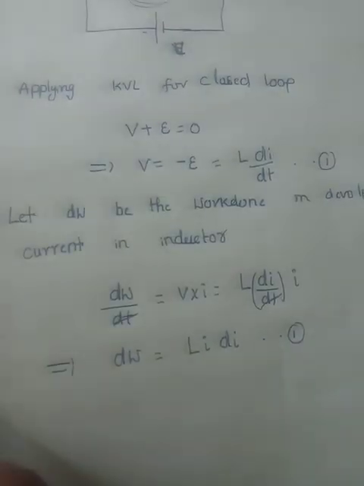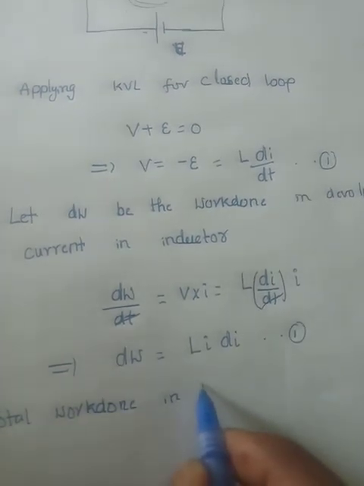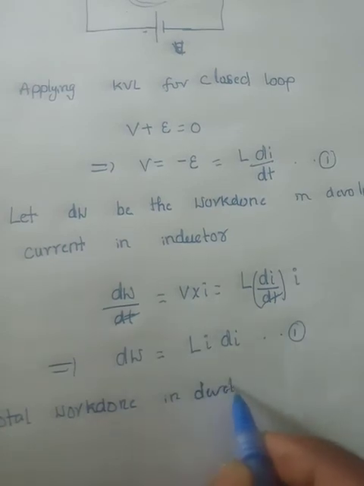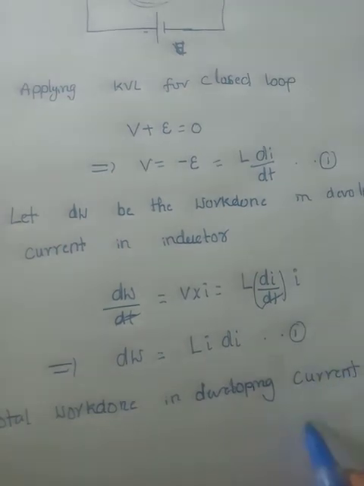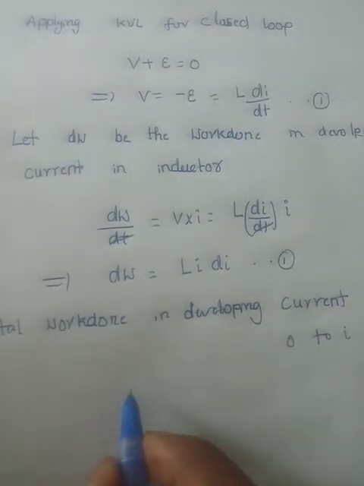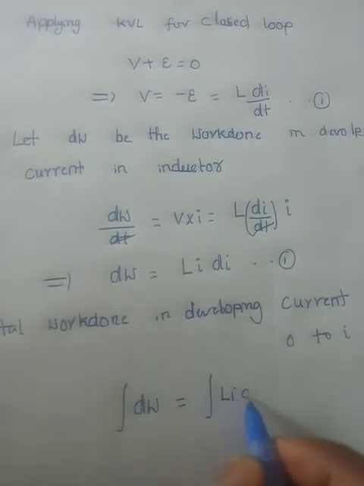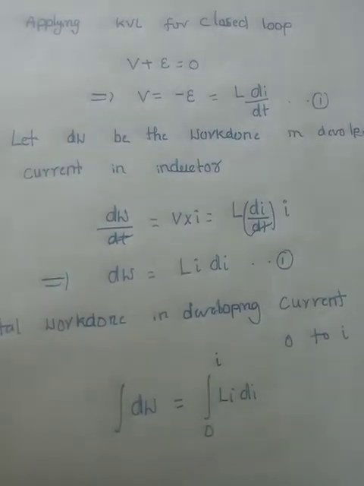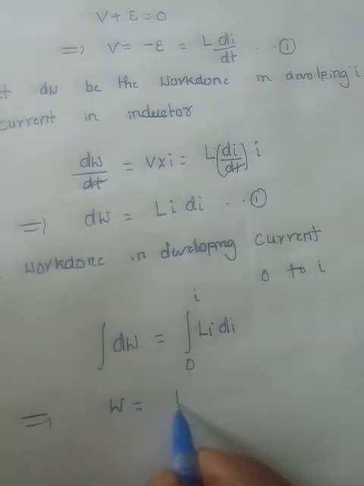Now the total work done in developing current, from where to where? Initially 0, right? From 0 to I, because only until then does it induce EMF. So integrating, the integral of dW is equal to the integral of L I di from 0 to I. L is constant.